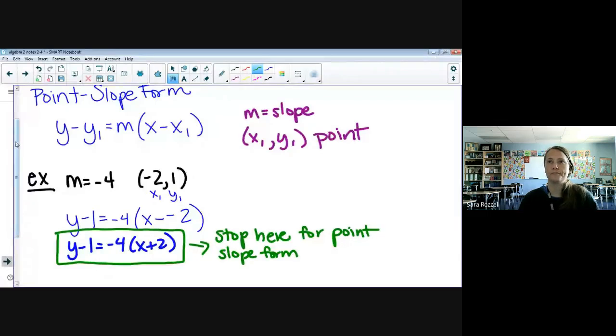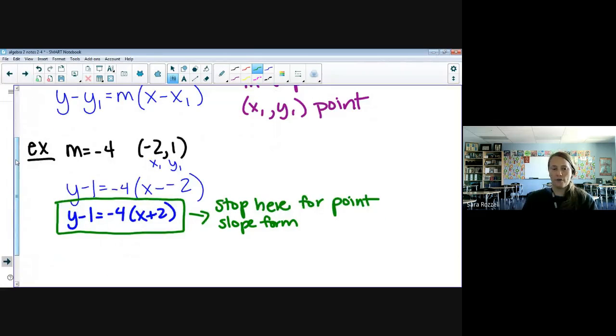Okay, but I'm going to show you real quick how easy it is to take this and then turn it into slope-intercept form, and then you can graph it, and it will all be great, okay? So if you want to continue on and you want to put this in slope-intercept form, we need to get the y by itself. But we distribute first, and then we make the y alone.